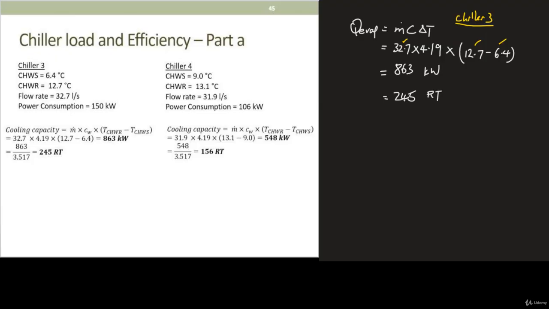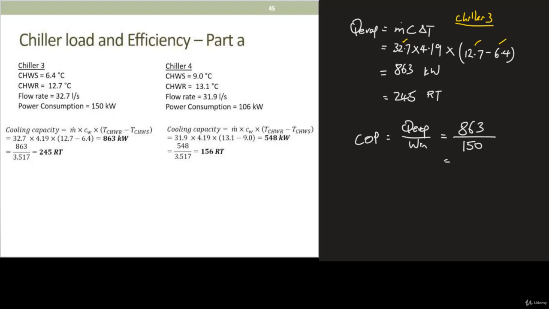And to get your efficiency, if you want to find COP, you take Q evap over power input. Let's say I'm talking about chiller 3: Q evap is 863, and power input from your chiller panel is 150. That's where you get your COP.